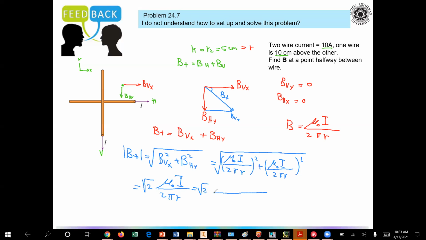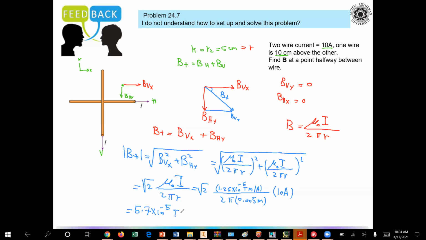Mu naught is 1.26 times 10 to the minus 6 Tesla meter per ampere, divided by 2 pi times 0.05 meters, times 10 amps. And this number will be 5.7 times 10 to the minus 5 Tesla.